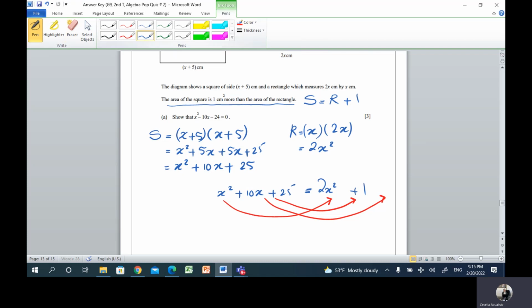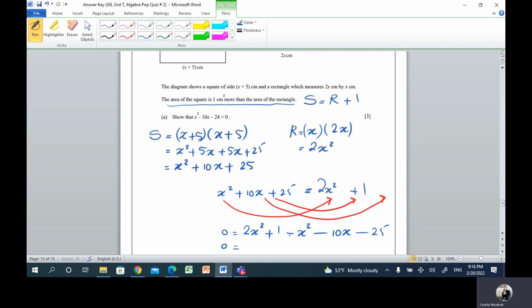Accordingly, the left term will become a 0, and 2x squared is originally there, plus 1 is originally there. When we transfer the x squared, it will become minus x squared. When we transfer the 10x, it will become minus 10x. And when we transfer the plus 25, it will become minus 25. The 0 will remain here.